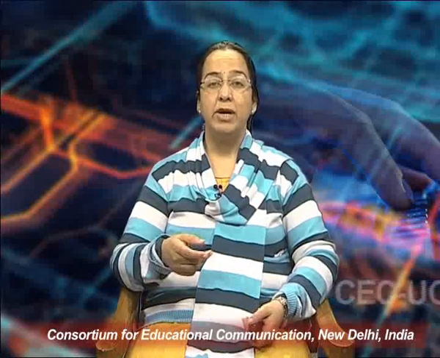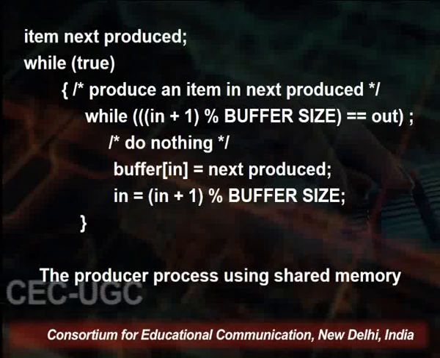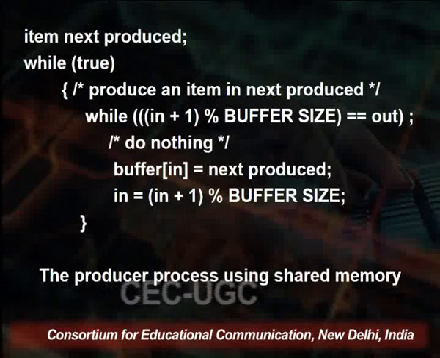So in takes us to the position where the next produced item is to be stored, and then we need to increment in. This is implemented in the form of a circular array, so instead of saying in equals in plus 1, we say in equals in plus 1 mod buffer size, and this is the structure of the producer process.